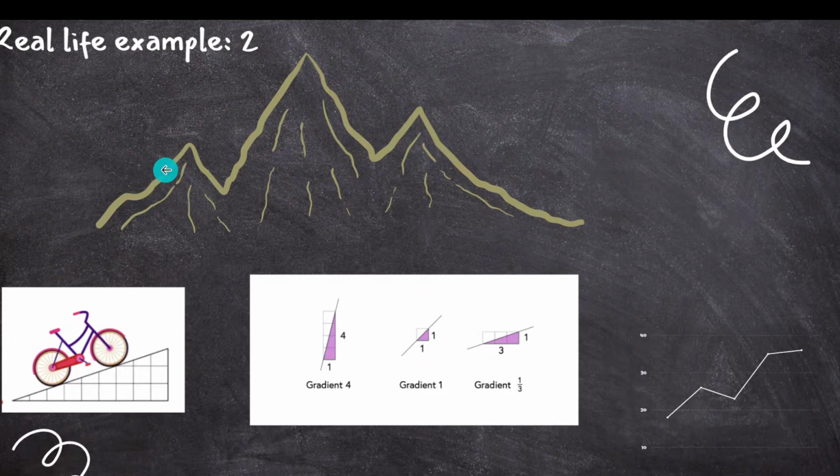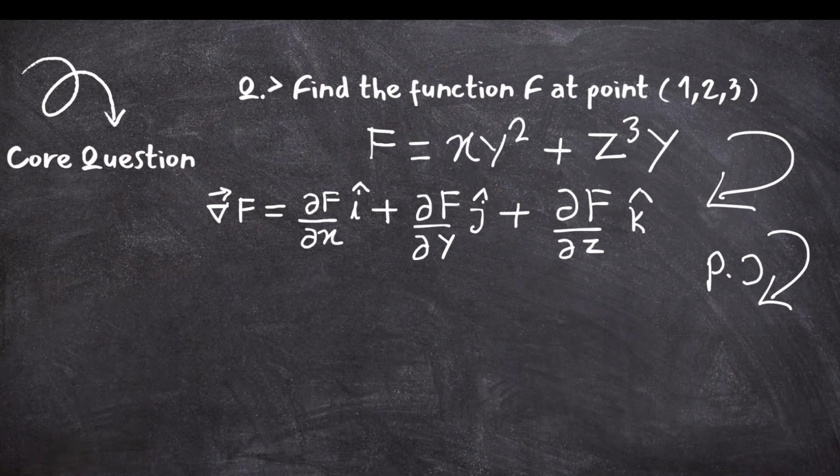It has less slope, so we can easily climb or drive the cycle on these mountains. But here is more slope, so it has more gradient, so we will feel more difficulties here. So this is the real life example.